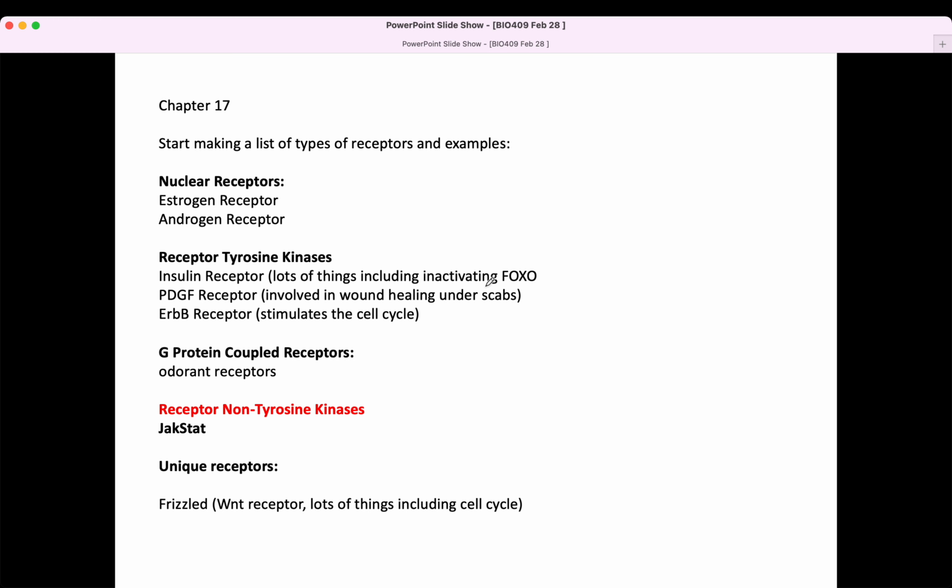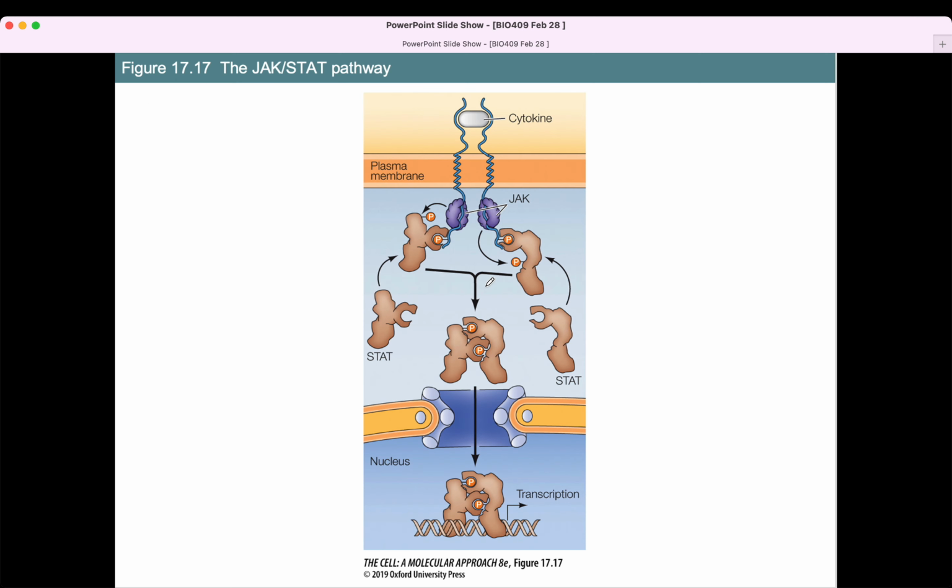Now, we're going to learn about just a few more receptors that play unique roles, but really important roles. Here is an example. This is not a receptor tyrosine kinase. It's a different category, called a non-receptor tyrosine kinase.